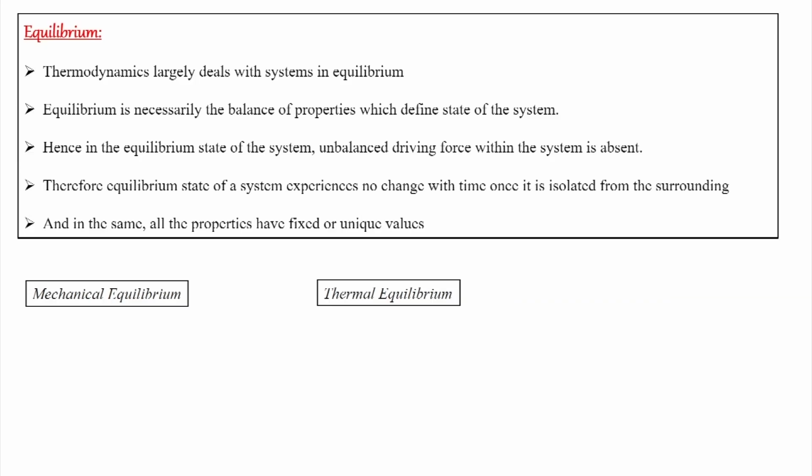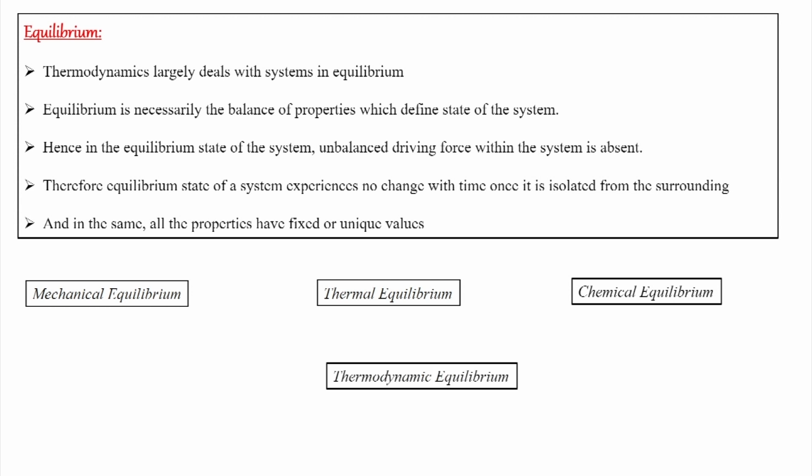Then we have thermal equilibrium, in which there is no temperature variation within the system. Then chemical equilibrium, in which there is uniform composition of the system. So once we have pressure uniformity, temperature uniformity and composition uniformity, the system is said to have achieved thermodynamic equilibrium.